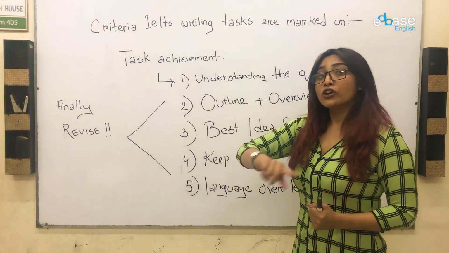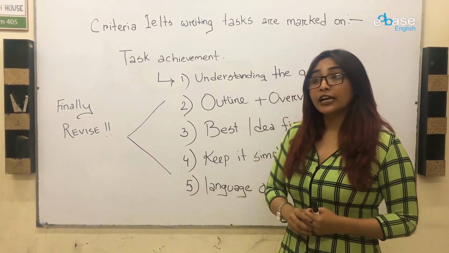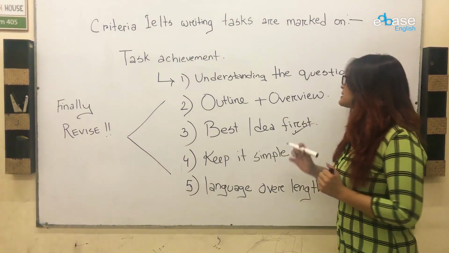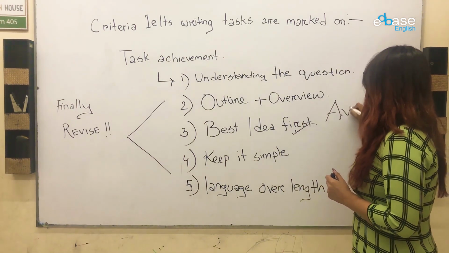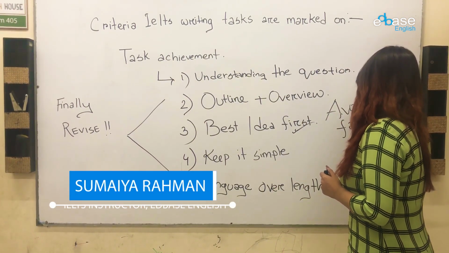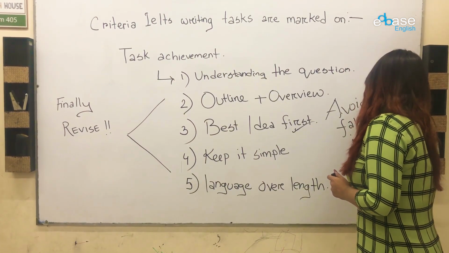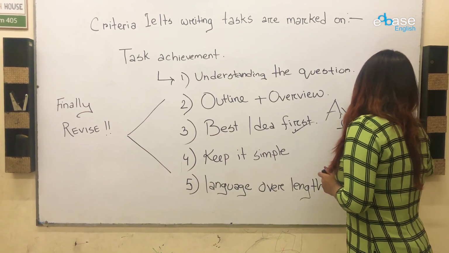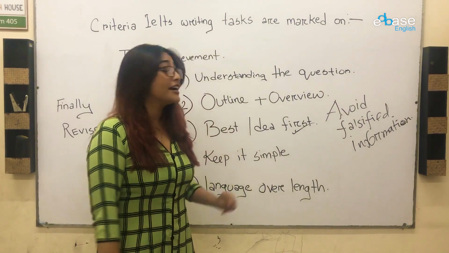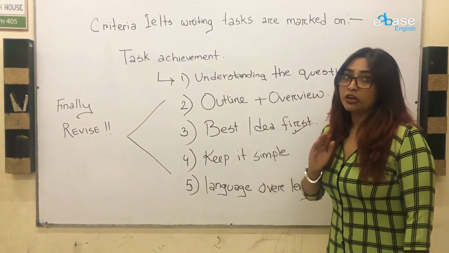However, try to write something that you have a lot of knowledge on, that you have practical experience on. And please avoid falsified information. Do not write something that you do not have knowledge on or that might be wrong. Avoid writing wrong information.